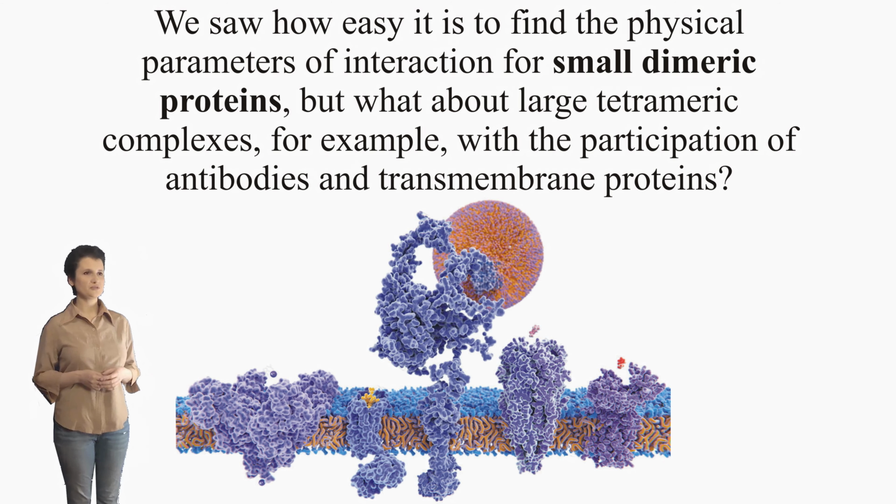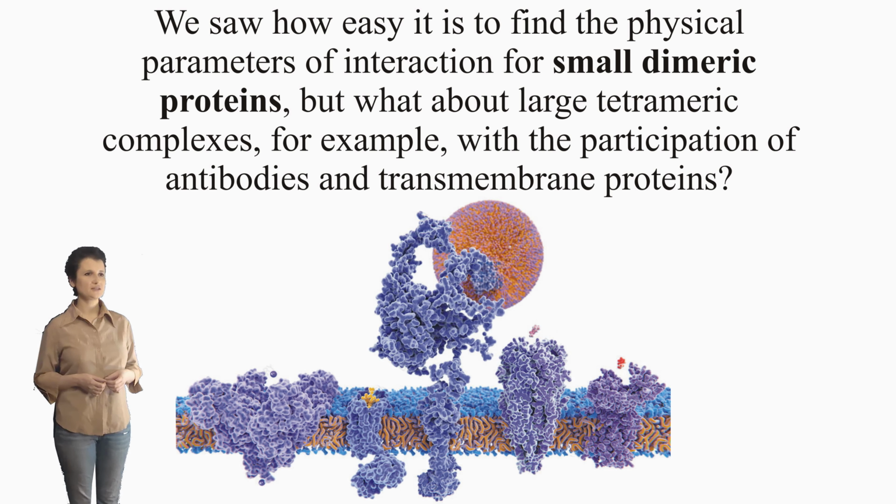We saw how simple it is to find the physical parameters of interaction for small dimeric proteins. But what about large tetrameric complexes, for example, the participation of antibodies and transmembrane proteins? To assess the stability of tetrameric complexes, no automatic input mode is provided. In this case, data input is carried out step by step for each replacement.